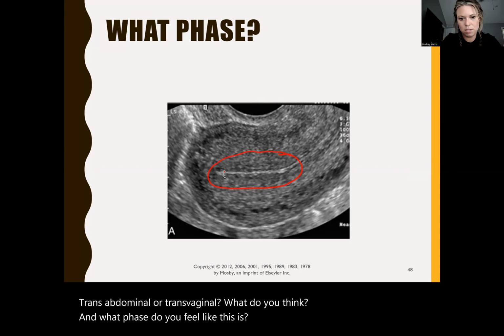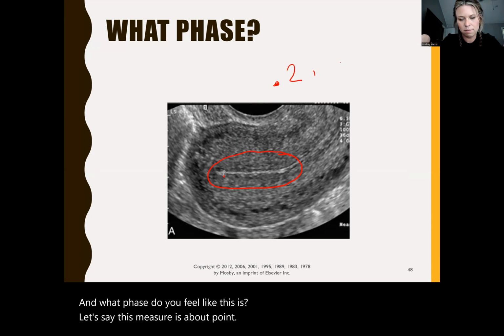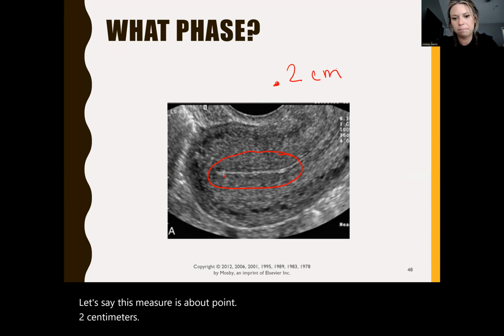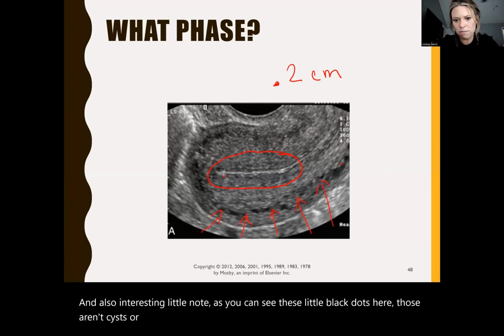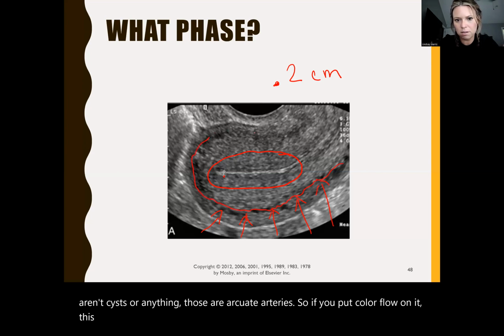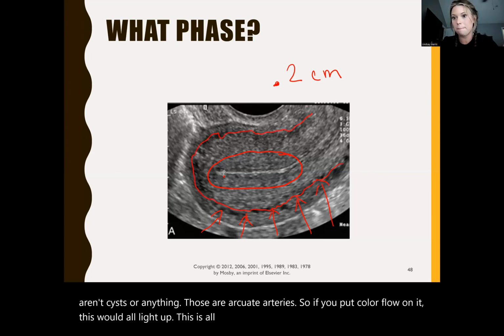Let's say this measure is about 0.2 centimeters. What phase would that be? And also, an interesting little note is you can see these little black dots here. Those aren't cysts or anything. Those are arcuate arteries. So if you put color flow on it, this would all light up. This is all vascular flow around the uterus.